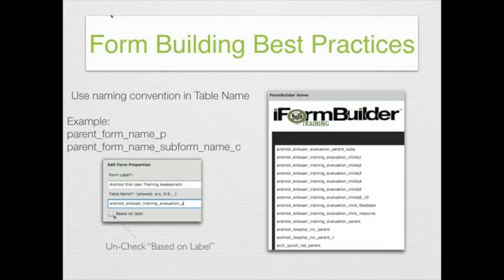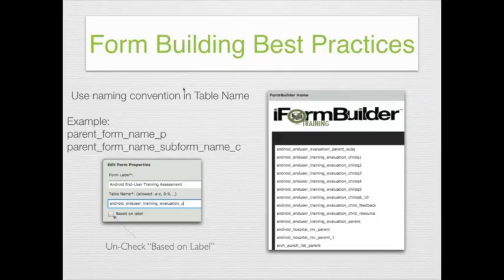Essentially, when you're in FormBuilder, you can create as many forms as you need to, depending on the account that you have. Now, when you're creating a form, you have the option to add an input type called a subform. Essentially, a subform is a separate form that you're attaching to another form. So we usually think of that as a parent-child relationship.